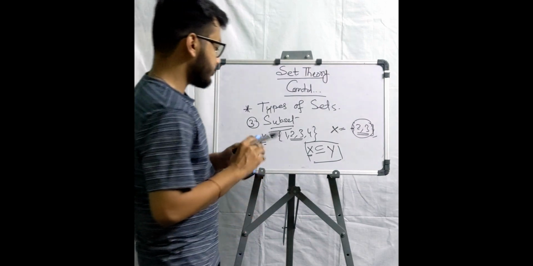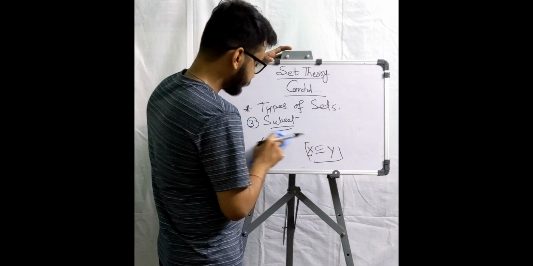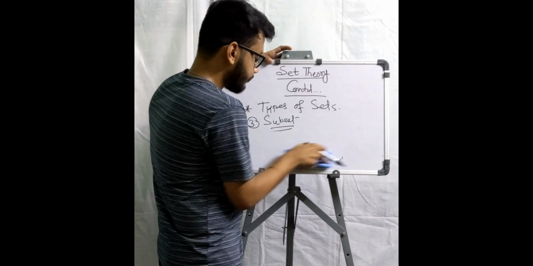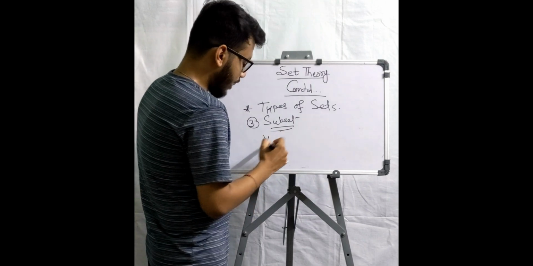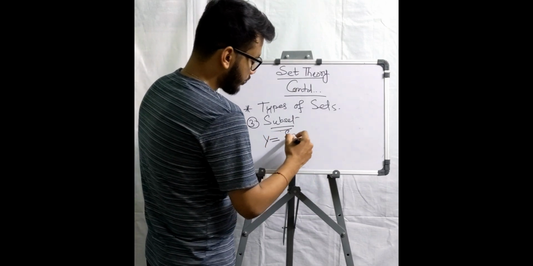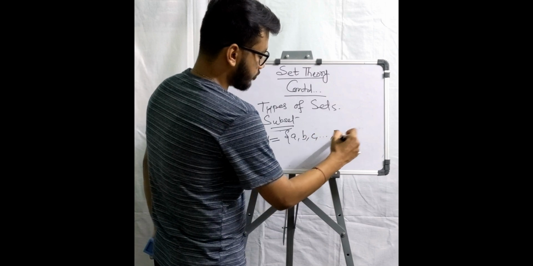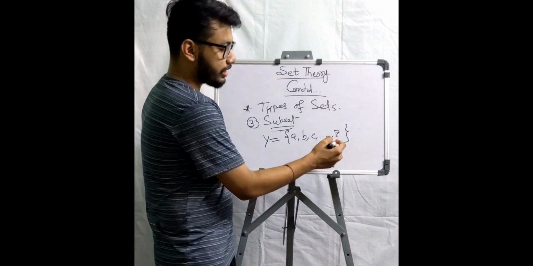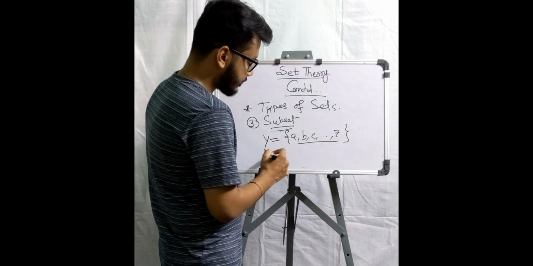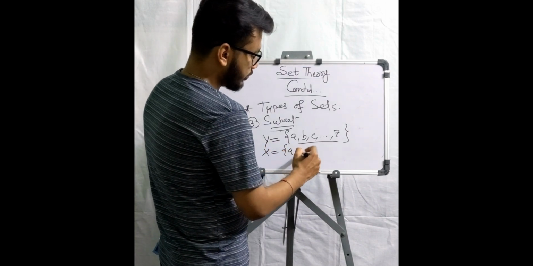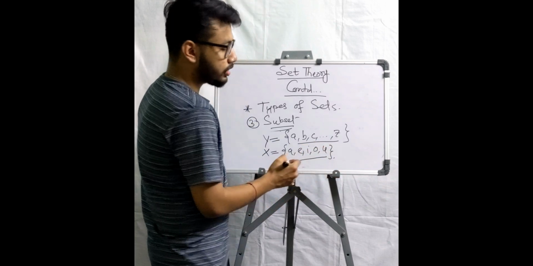Similarly, let me give you some other example as well. Say Y is nothing but A, B, C and till Z, so it is a set of all the alphabets. And say X is nothing but A, E, I, O, U, so it is a set of all the vowels.